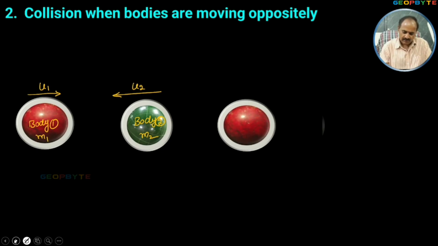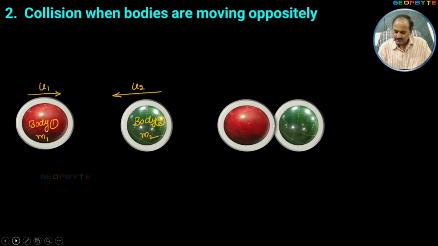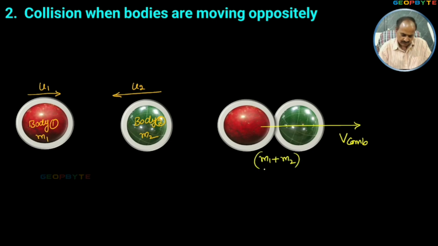Both are colliding. After colliding, assume the combined system is moving in the same direction of m1 with a velocity v combined. Here m1 plus m2 is the combined mass.